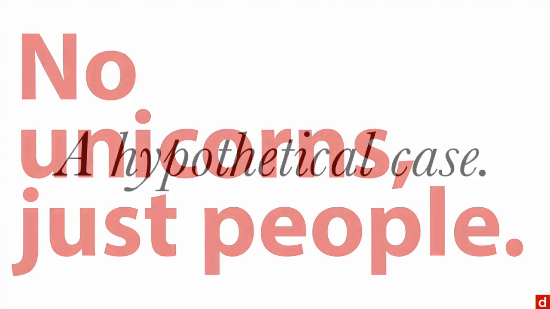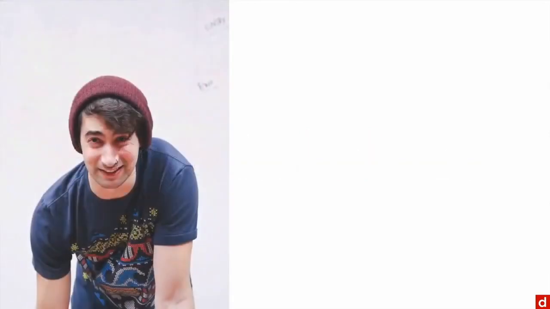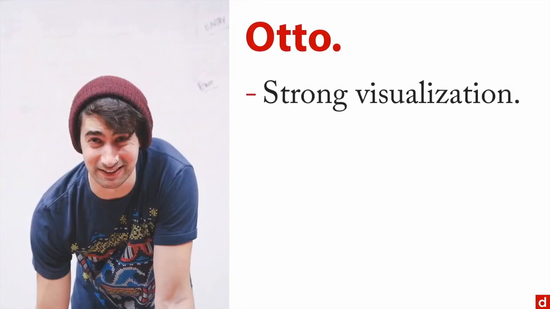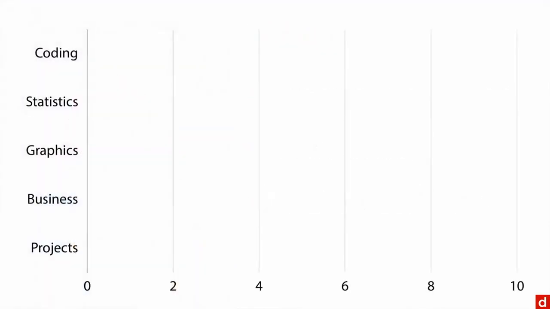So let's take a hypothetical case just for a moment. I'm going to give you some fictional people. Here is my fictional person, Otto, who has strong visualization skills, who has good coding, but has limited analytics or statistical ability. And if we graph his abilities, here we've got 5 things that we need to have happen, and for the project to work, they all have to happen at least at a level of 8 on the 0 to 10 scale.